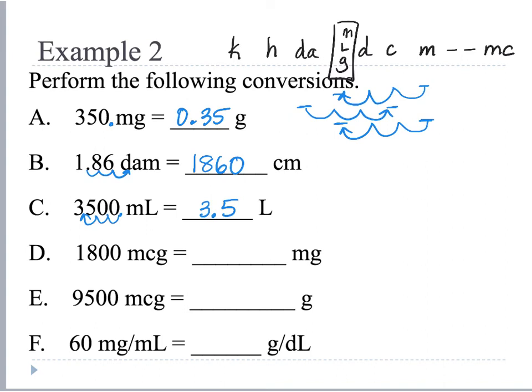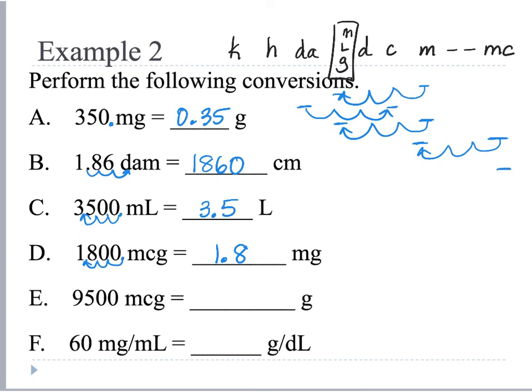All right, part D, I'm looking at 1,800 micrograms, so micro would be over here, to milligrams. So I'm going to move my decimal point 1, 2, 3 places to the left, which would give me 1.8 milligrams. Part E, we're looking at microgram to gram.